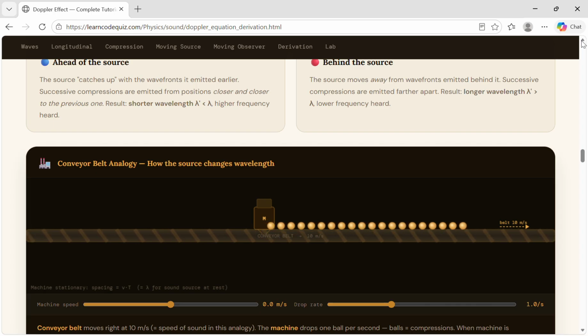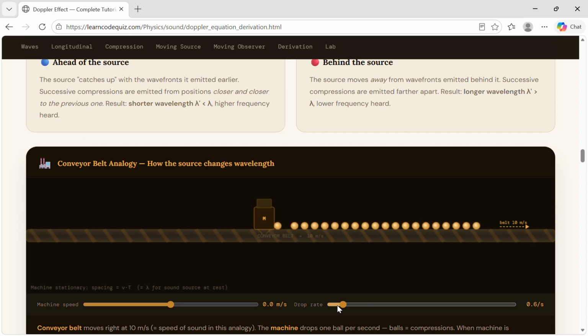But here, let's say I have a conveyor belt, and I have a machine dropping balls, let's say at a fixed interval, right? Now you see I have decreased the rate, and now it goes like this, right?